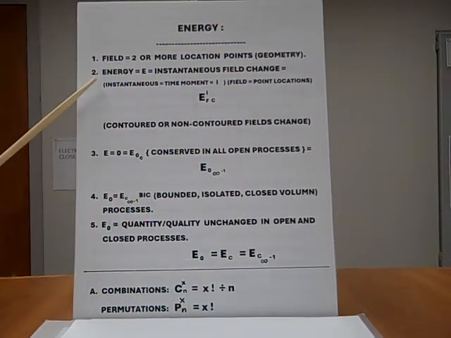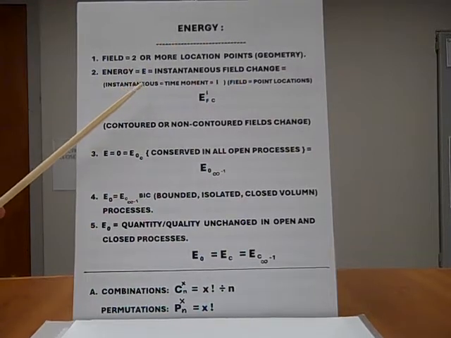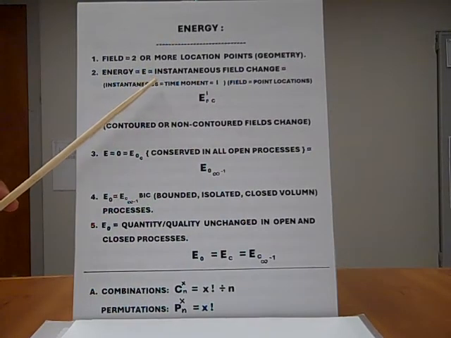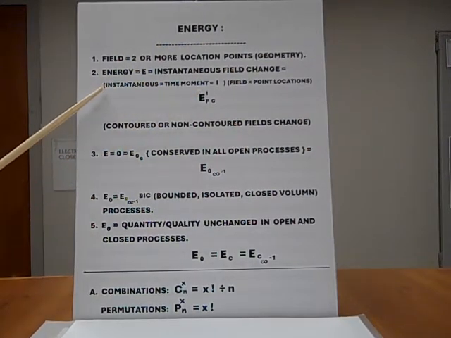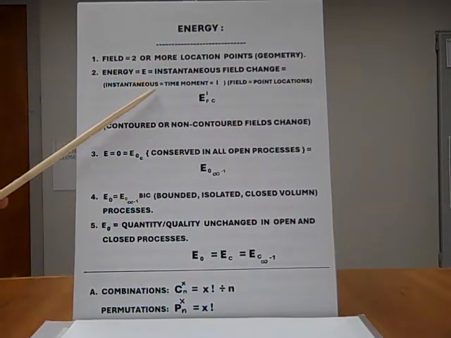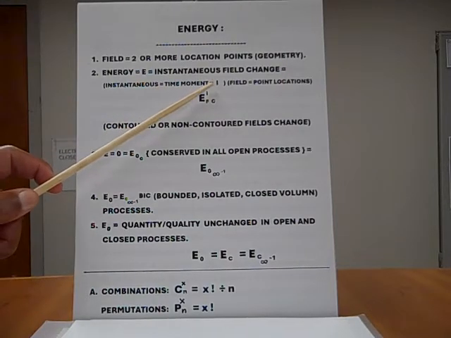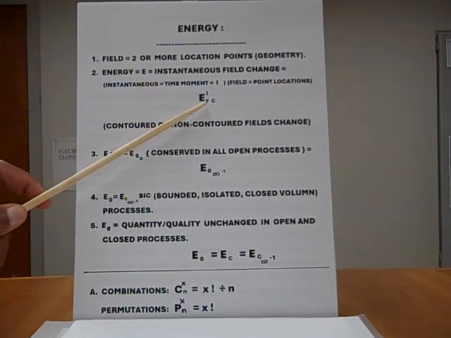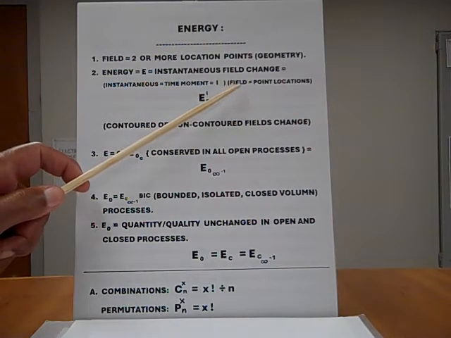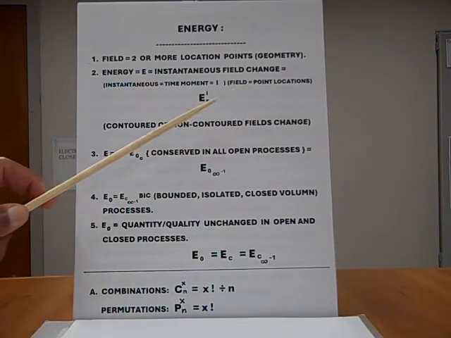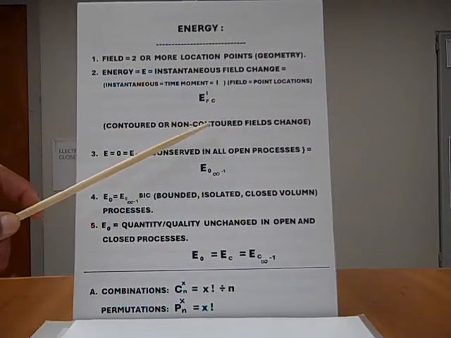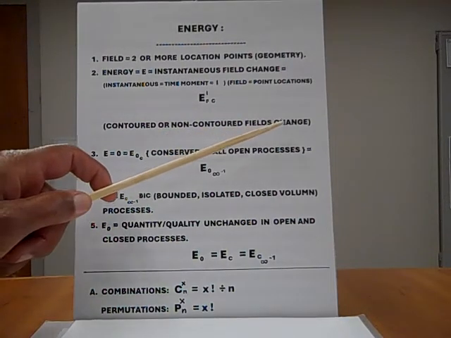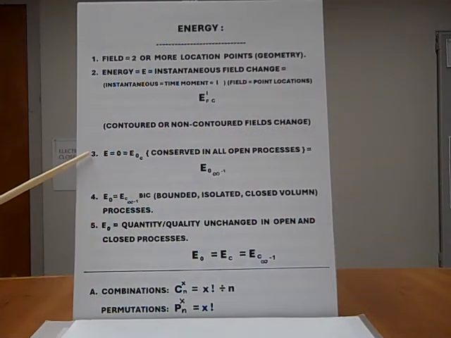Number 2, energy is equal to E, equals the instantaneous field change, which is equal to E superscript I. Superscript I is the instantaneous time moment, which equals I. Subscript F, the subscript F is the field, which equals point locations, times C, which is the contoured or non-contoured field change.